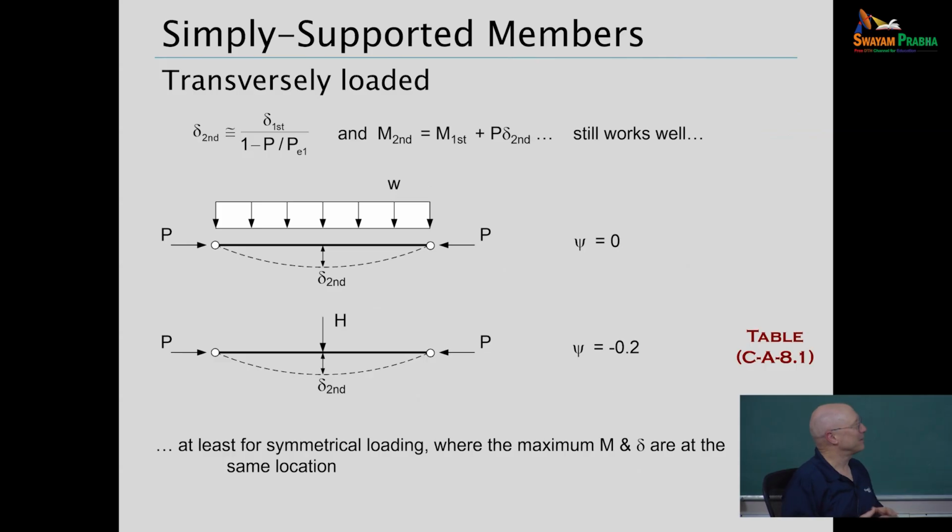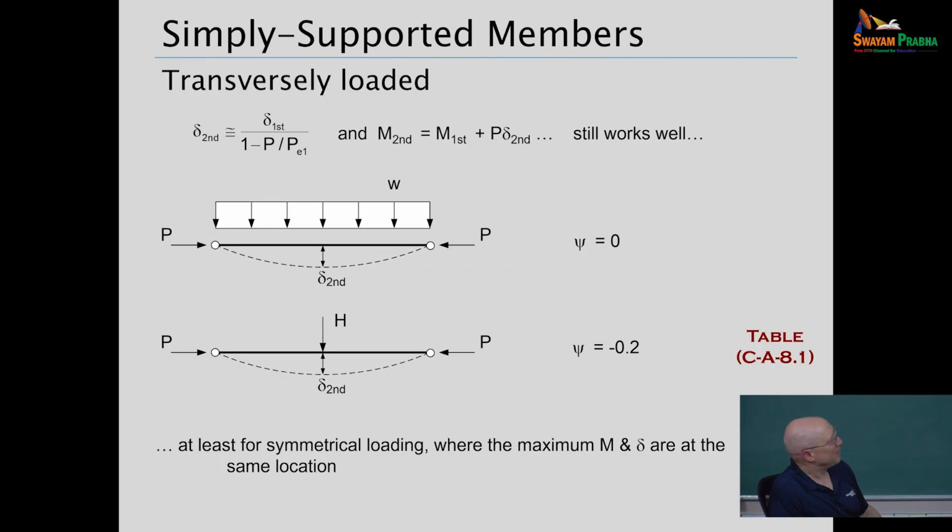All right, well, let's move to something a little more interesting than just a uniform bending case. What if we have a simply supported member subjected to transverse load? These are two basic cases that show up in the commentary to the AISC specification: uniformly distributed load with axial compression, and a concentrated load at midspan with axial compression.